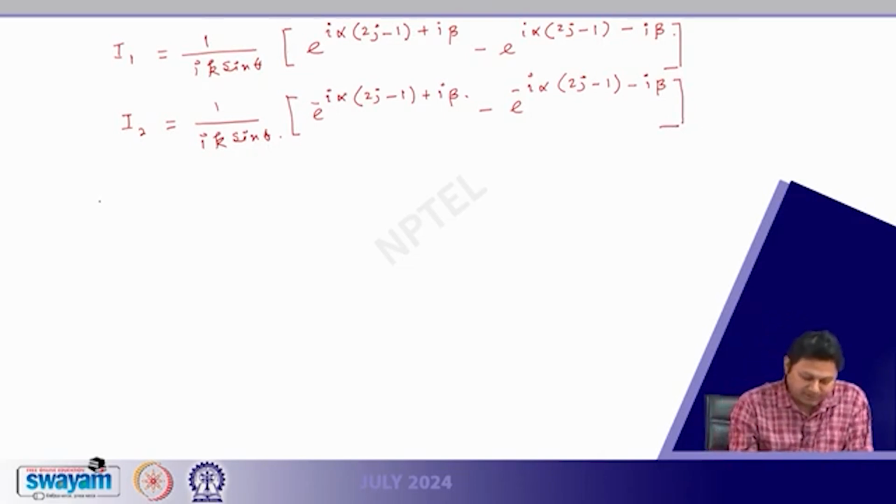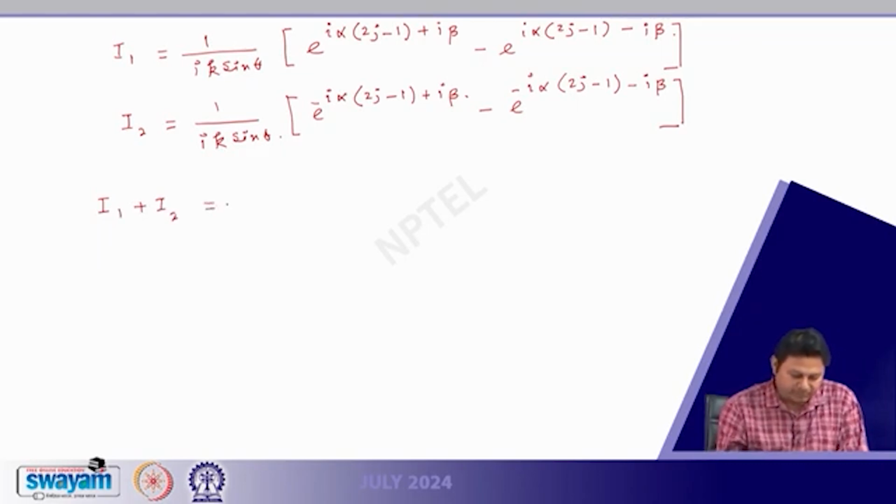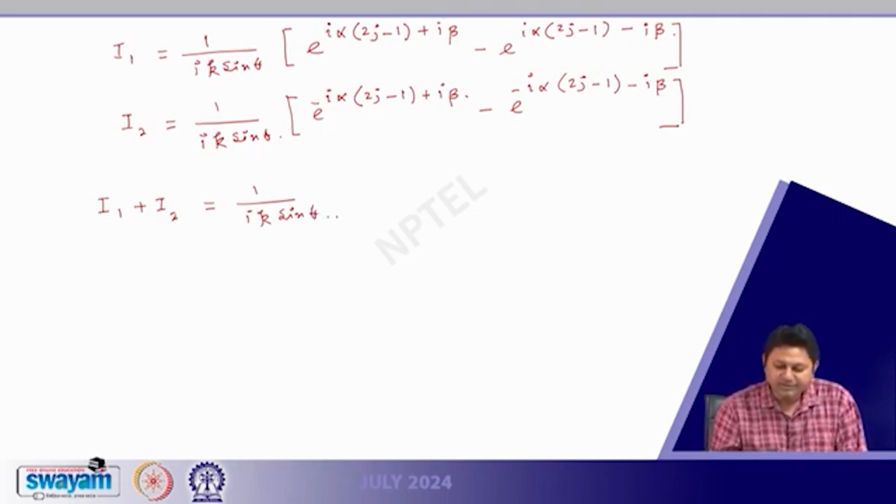But inside that summation we have I1 plus I2. So, I1 plus I2, if I calculate, then it should be I k sin theta, and then from these two you can see that e to the power I beta I can take common.